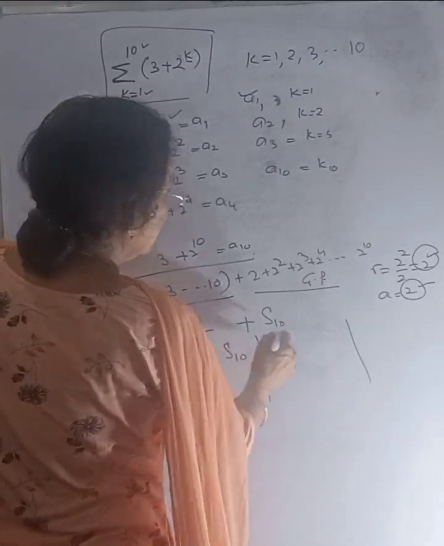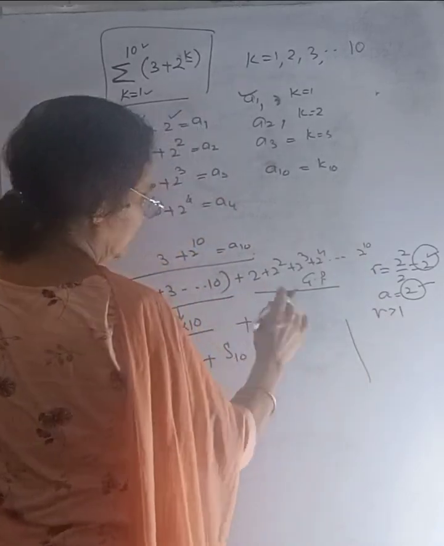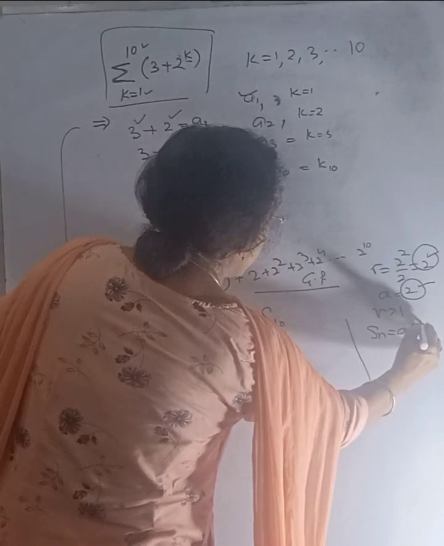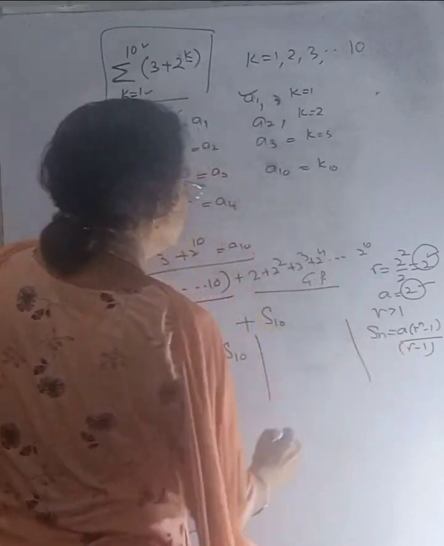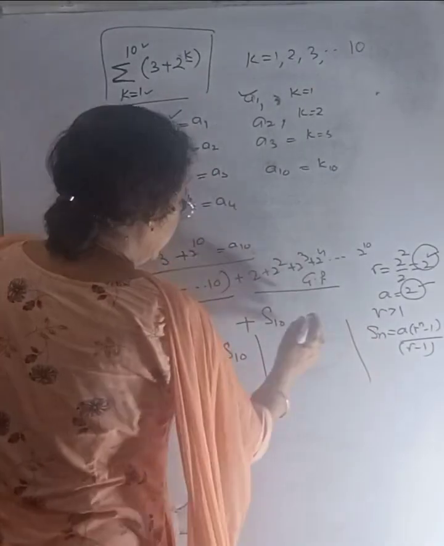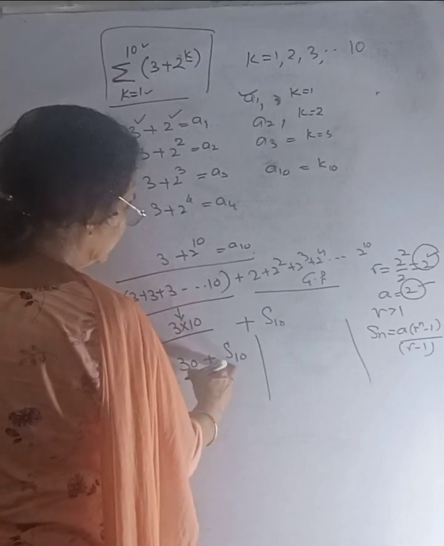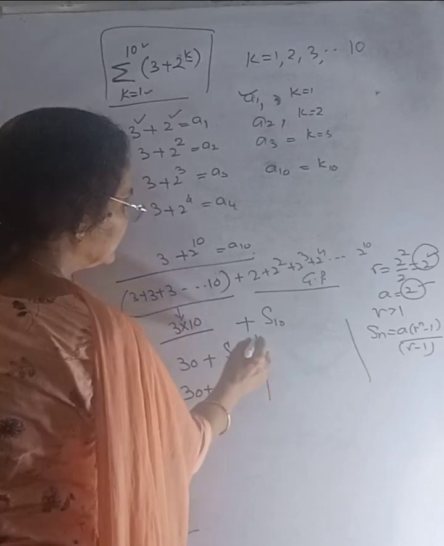S10. Here r is greater than 1, so we have to use the formula Sn is equal to a into r to the power n minus 1 upon r minus 1. Here n will be 10. So the sum can be written as 30 plus S10.